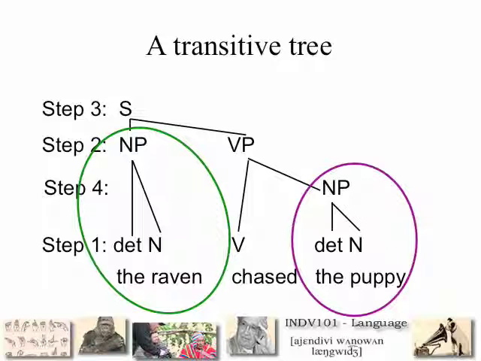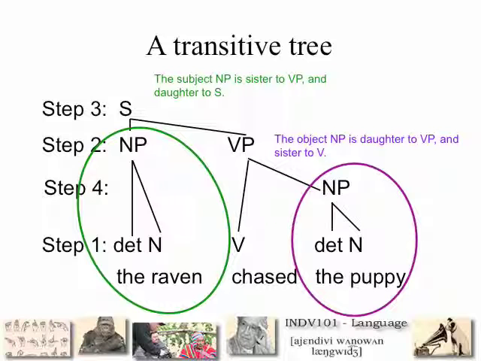The other NP, the object NP, is not the daughter of S. And it's not a sister to VP or to the subject NP. The subject NP is sister to VP and daughter to S, but the object NP is daughter to VP and sister to V. Remember that daughter means I come below and sister means I'm next to in terms of the hierarchy.